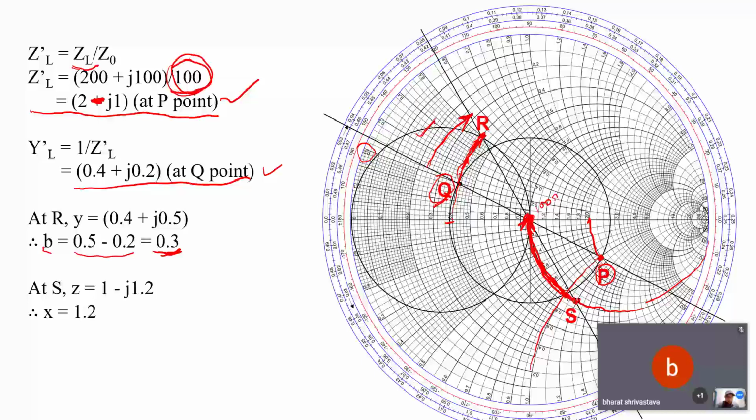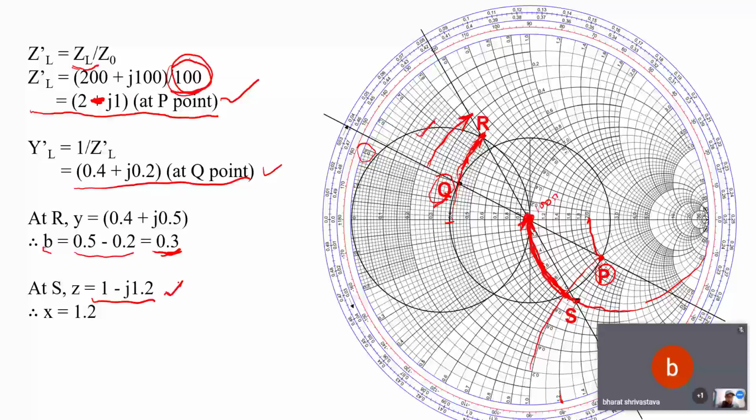So how much distance do we have to cover? Here you can see that the resistance is 1, which is the unit resistance circle, and the reactance is equal to minus j 1.2.